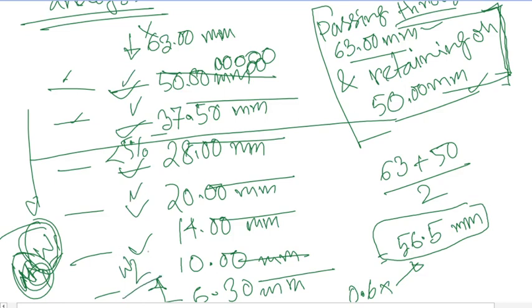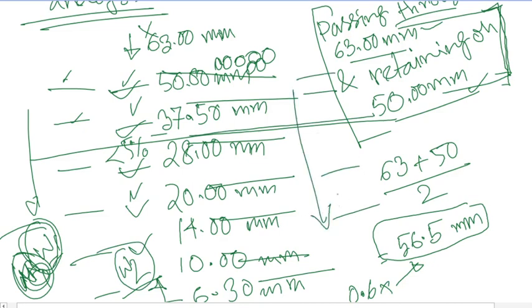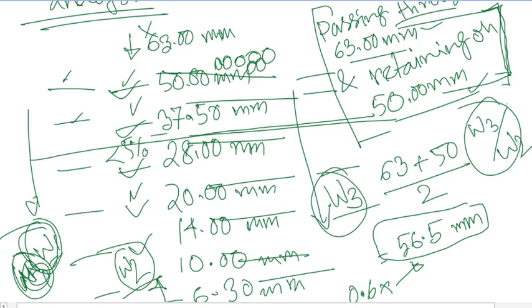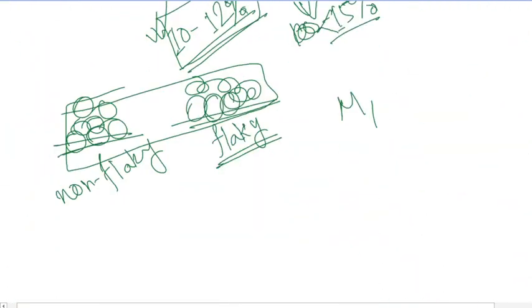And with respect to W2, the remaining flaky particle sieves will be summed up. That amount gives you W3, and W3 by W2 will give you the actual flakiness index of your sample.